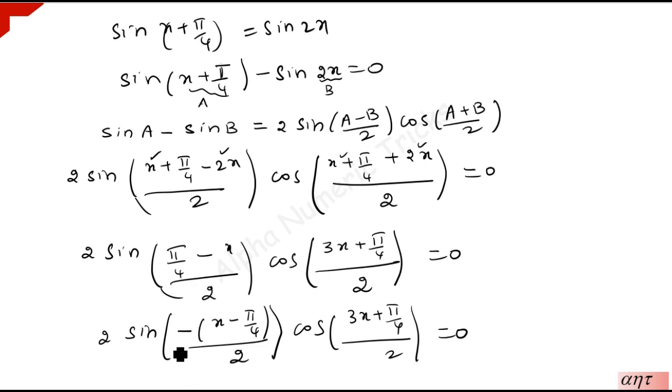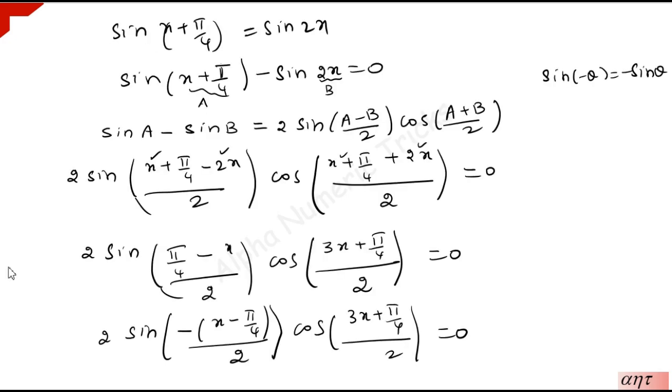And what about the sine of minus theta? Sine of minus theta is equal to minus sine theta. So this term can be written as minus 2 sine of x minus pi by 4 over 2 into cosine of 3x plus pi by 4, isn't it?